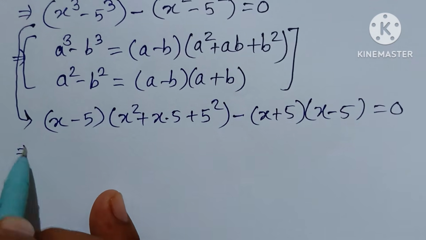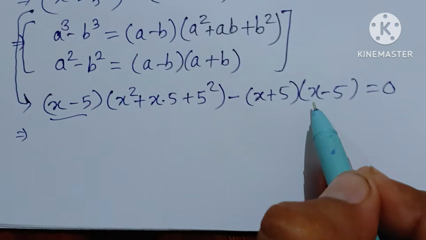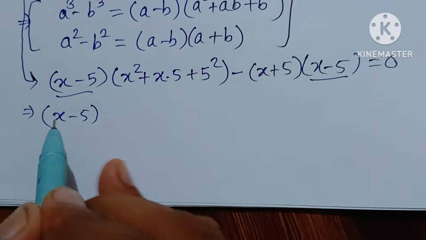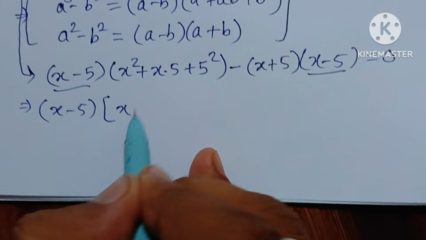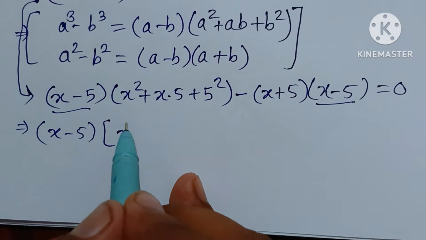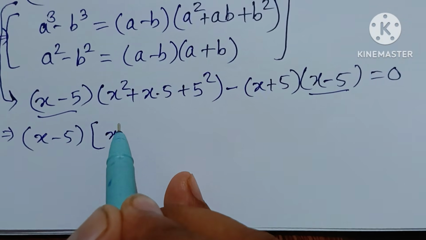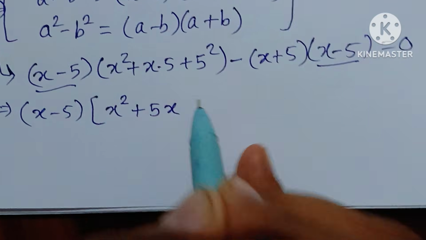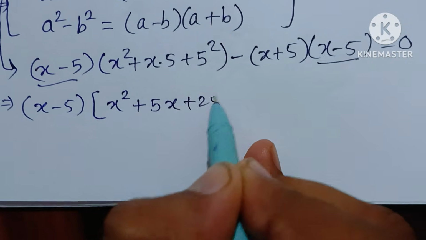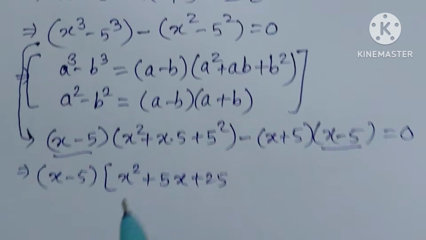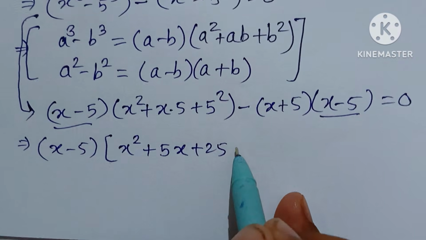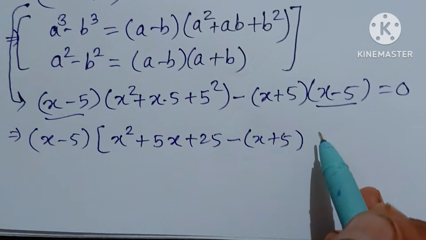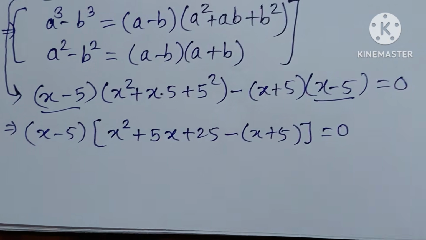Now we take x minus 5 common. So x minus 5 in bracket, what remains here? x square plus 5x plus 5 square is 25, minus x plus 5, equal to 0.